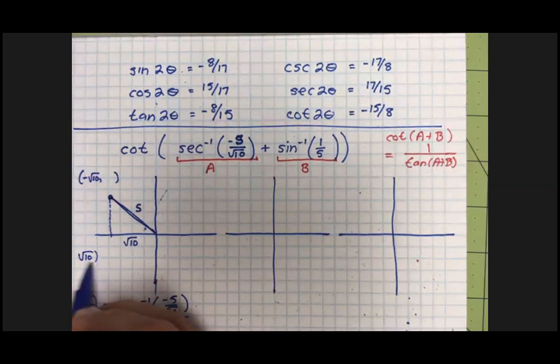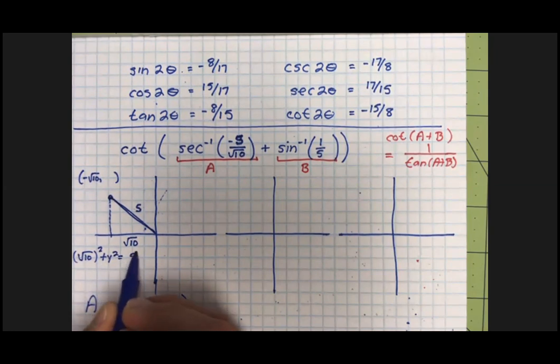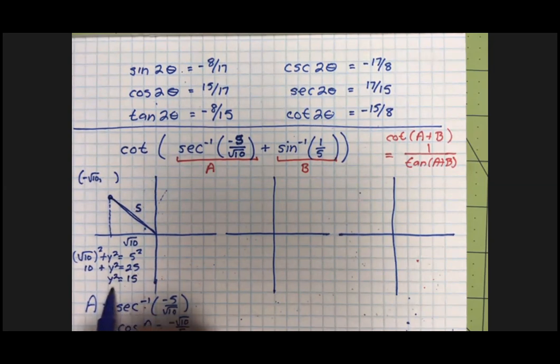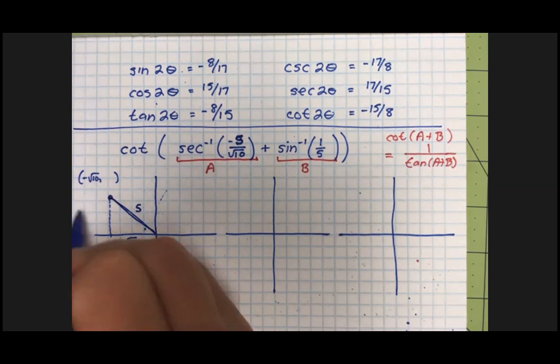Root 10 squared plus y squared is 5 squared. 10 plus y squared is 25. Y squared is 15. So y is plus or minus the square root of 15.